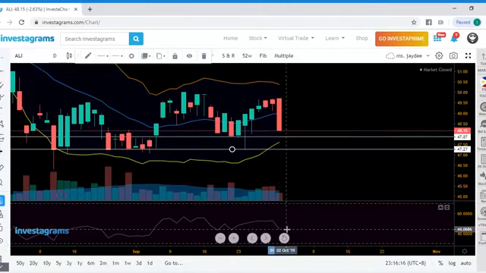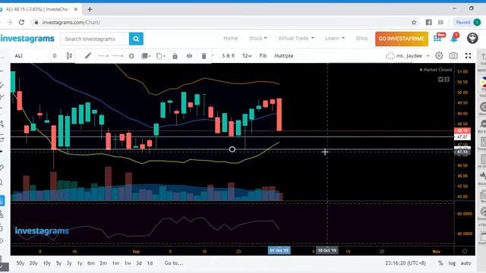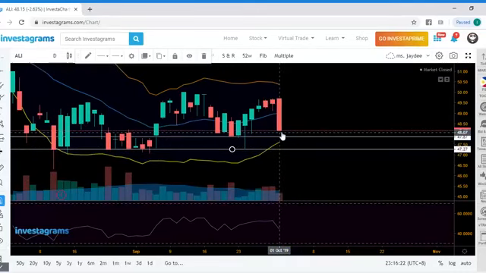I don't see any obvious hints that it will bounce right away. But tomorrow we will see what the price action is around this area and this area.